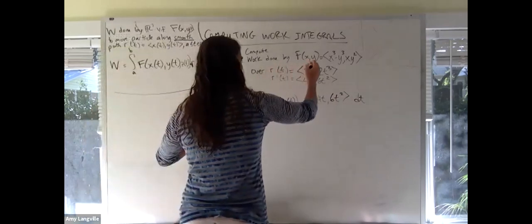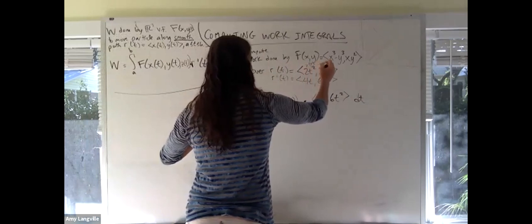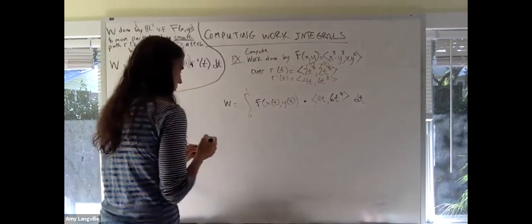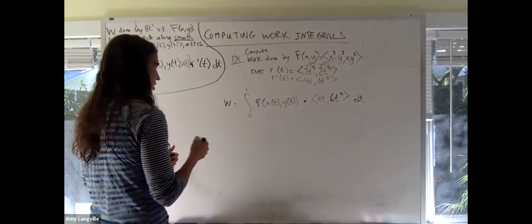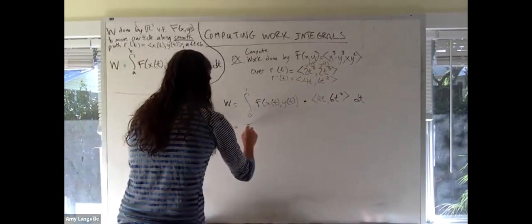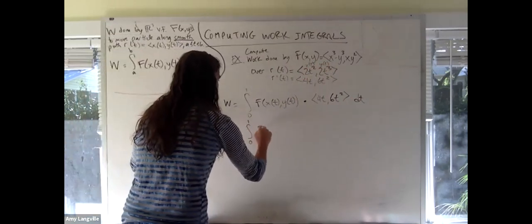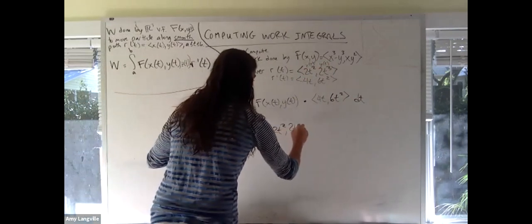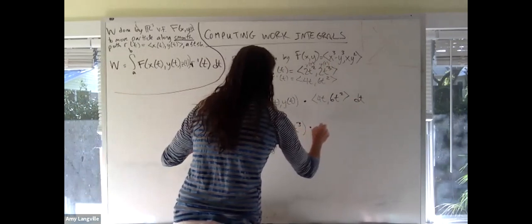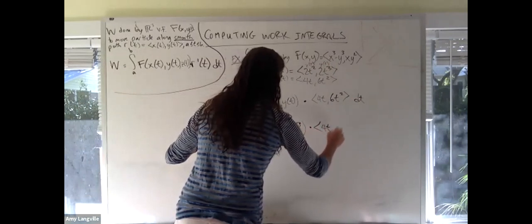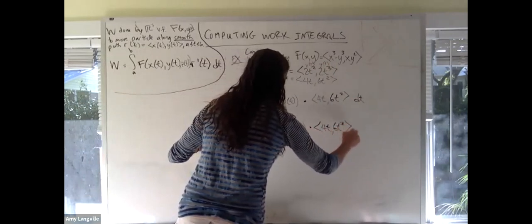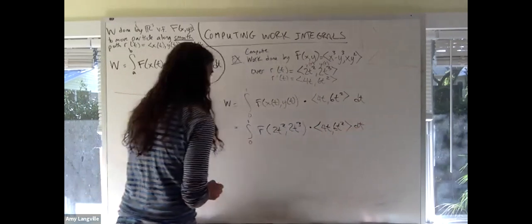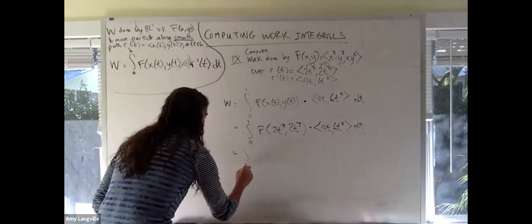Remember, that's the definition of your plane curve. So we need to figure out f at 2t squared, 2t cubed, and then we'll dot that with this derivative vector.